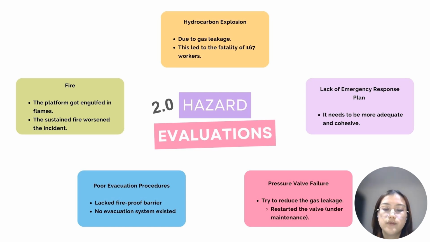Thirdly, poor evacuation procedure, where it lacked fireproof barriers and no proper evacuation system existed. Fourth, pressure valve failure, where when they tried to reduce the gas leakage, they restarted the valve, which was under maintenance. And lastly is lack of emergency response plan, as it needs to be more adequate and cohesive.